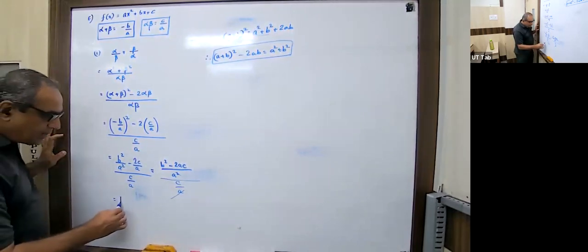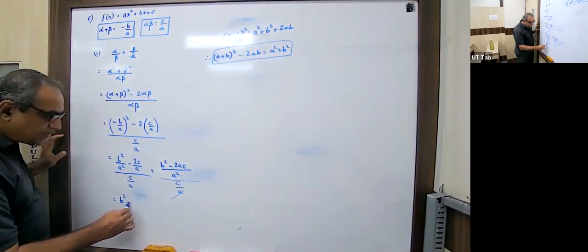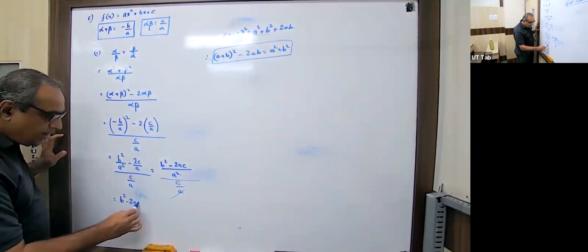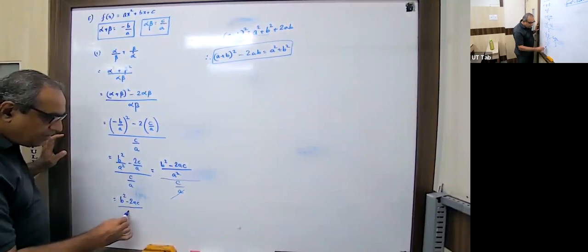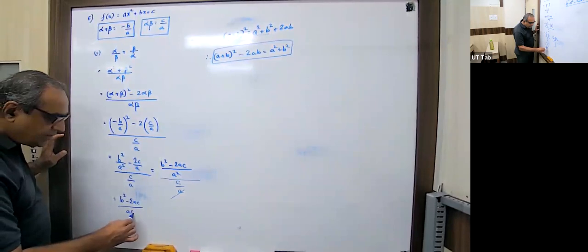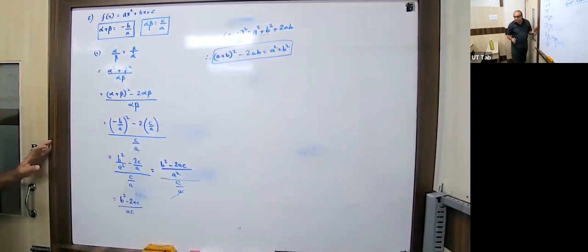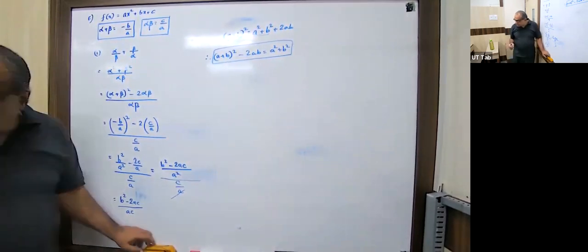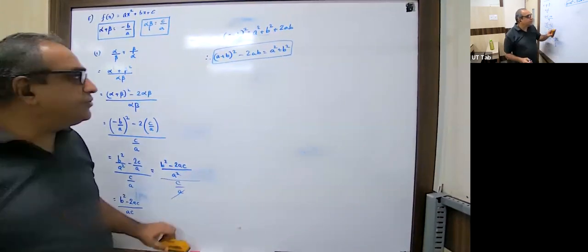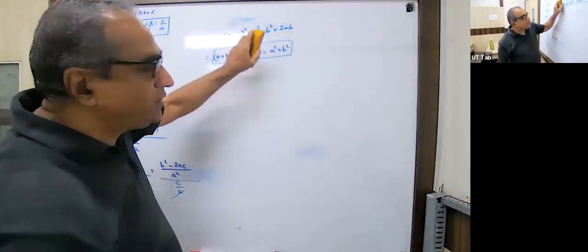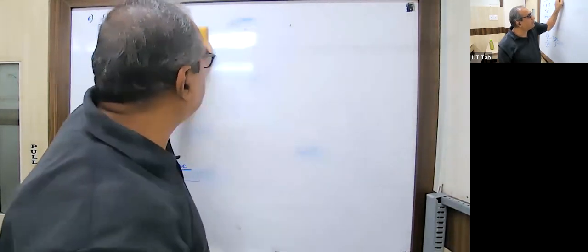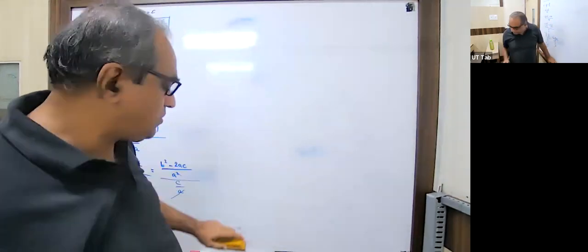So my answer is b squared minus 2ac by ac. Do you understand? Clear? Very good. I can take this off. You have understood how we got that formula for alpha squared plus beta squared.